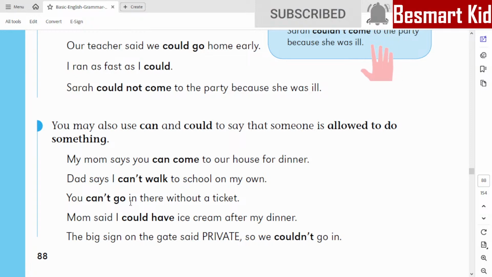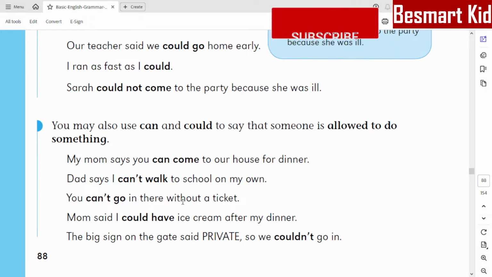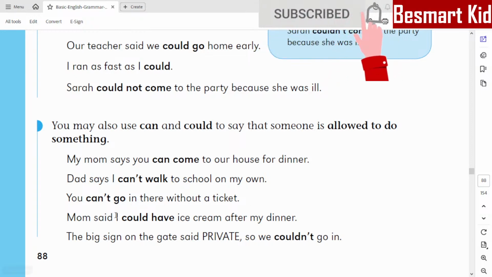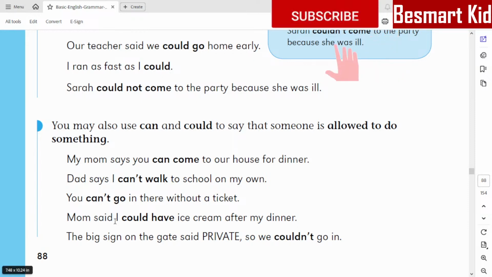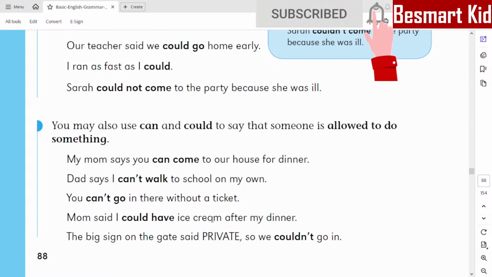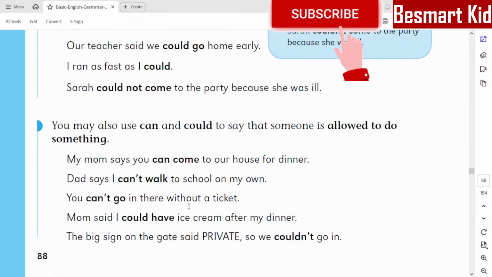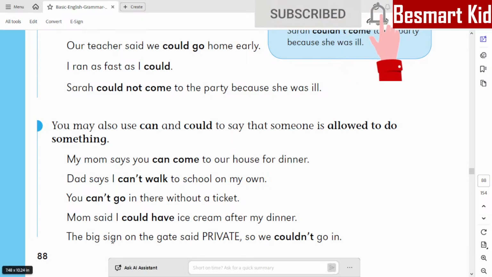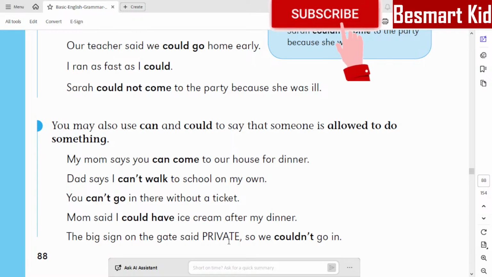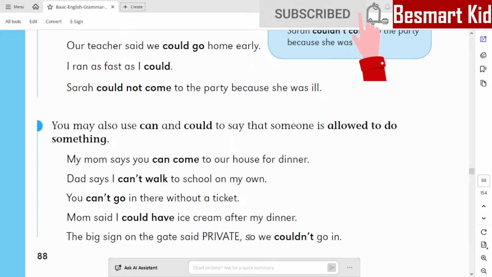You can't go in there without a ticket. Mom said I could have ice cream after dinner. The big sign on the gate said private, so we couldn't go in.